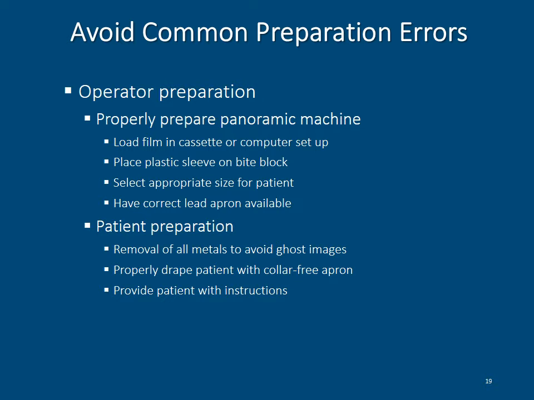So we need to inform them that this is a rotating machine, that they must stay very still. We will also instruct them to place their tongue to the palate. They may want to hold their breath for the few seconds that the machine is rotating. So there are a lot of things to prepare them and inform them on, so that way the image comes out as diagnostically nice as we want it.